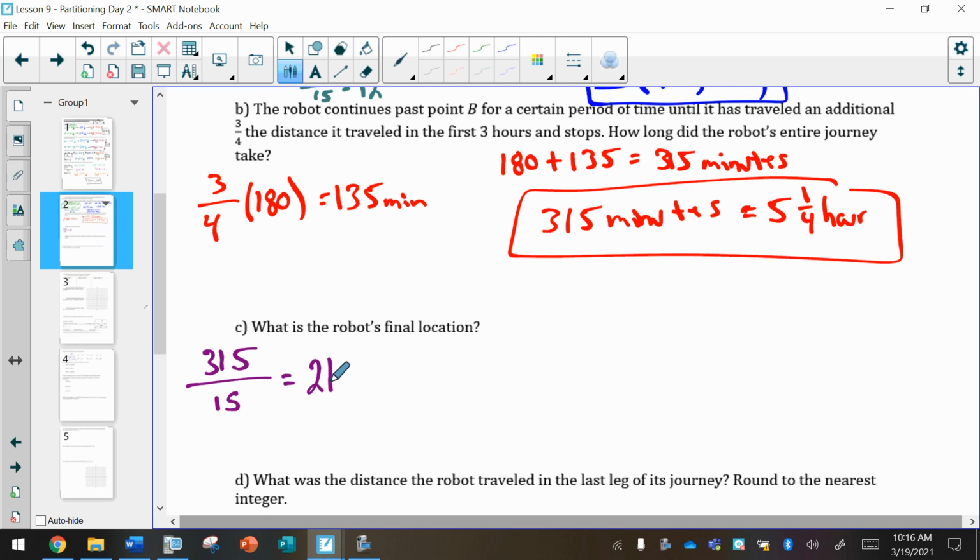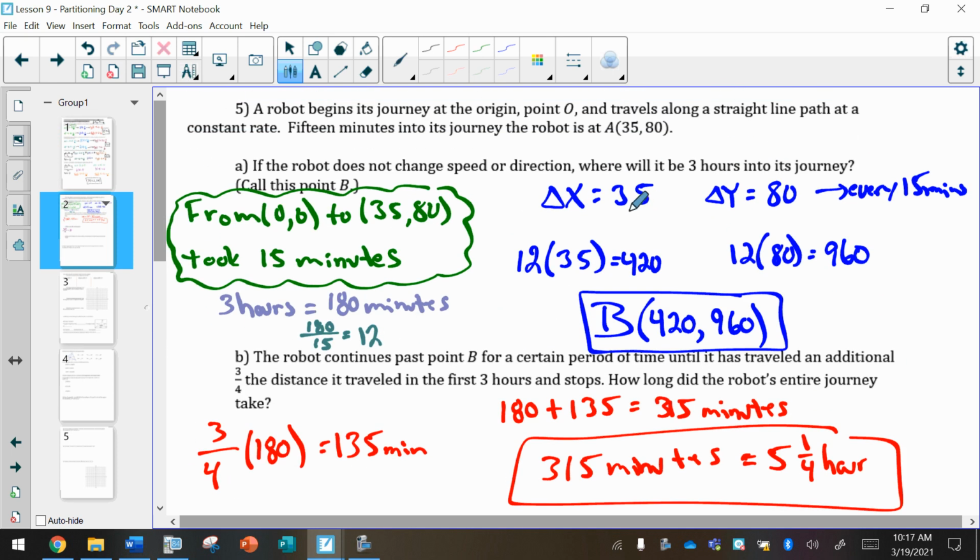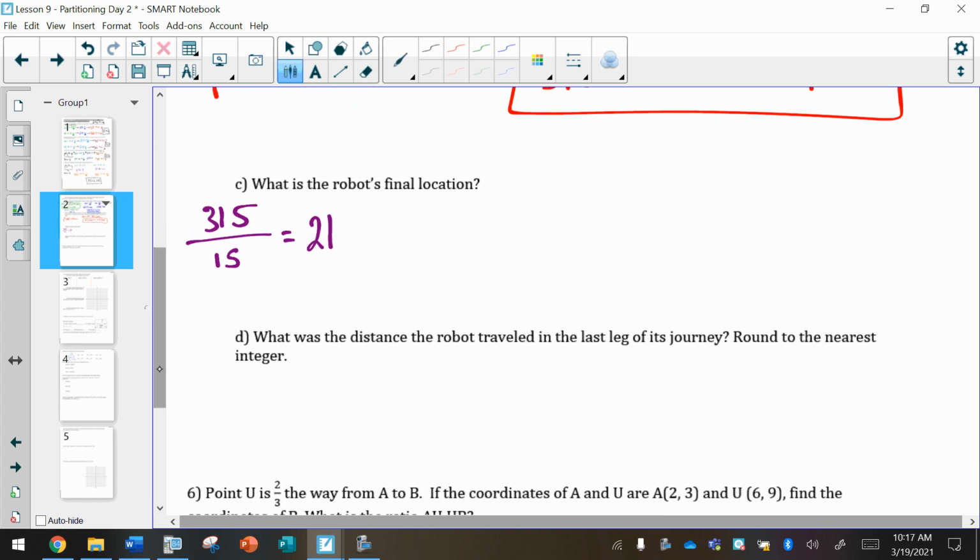I know that it started at 0, 0, and it covers, remember what we did up here, 35 horizontal units every 15 minutes and 80 vertical units every 15 minutes. So horizontally, from 0, 0, 21 time intervals at 35 units per interval gives us a location point of 735.